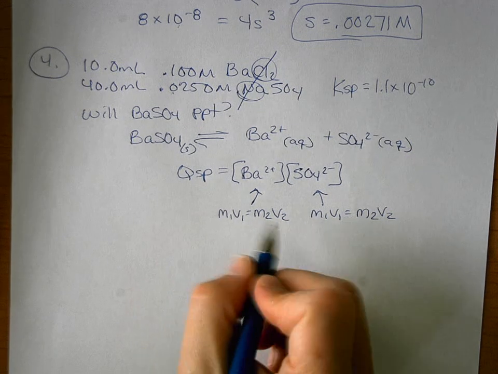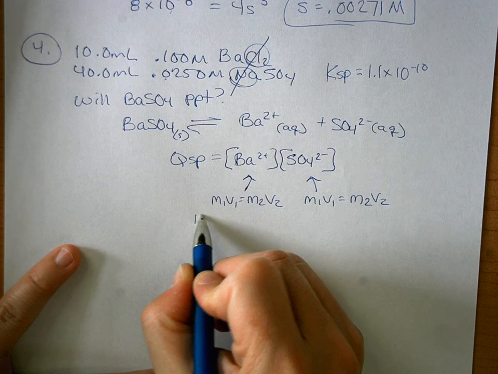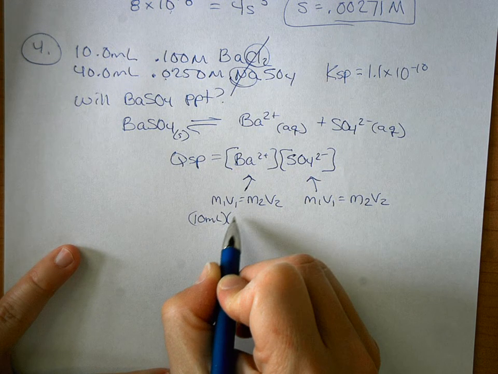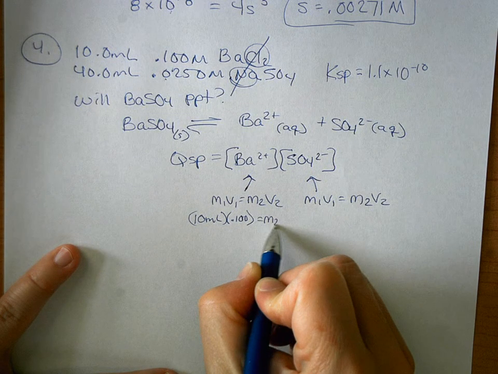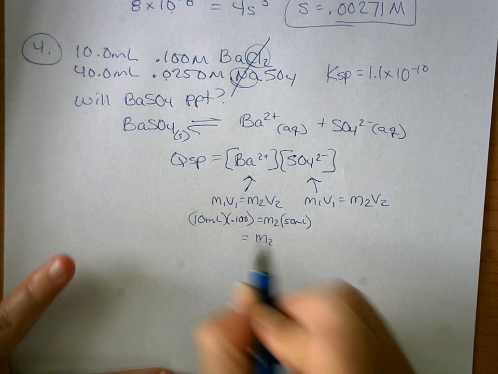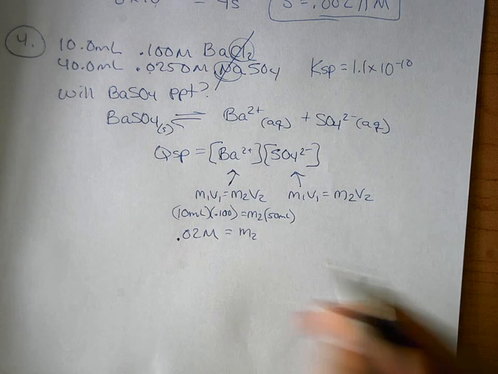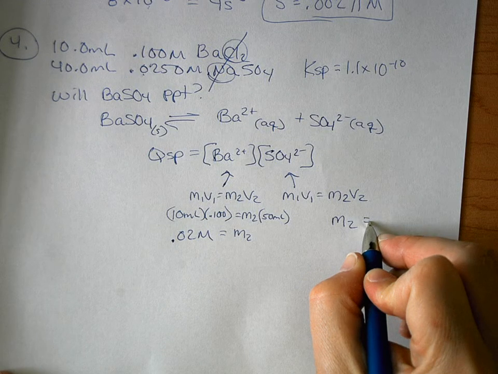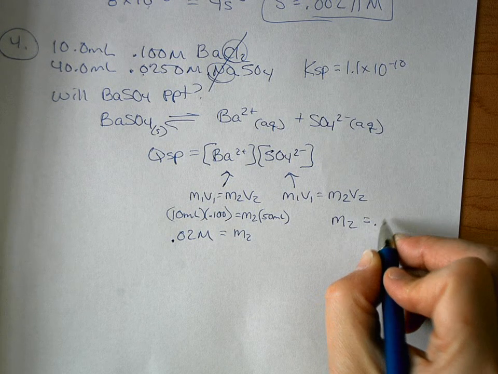So if I plug in those numbers and solve for M2, for barium, 10 milliliters is the volume, times my first molarity, 0.100, equals M2, times my V2, which would be 50 milliliters. Okay, so M2 for barium is 0.02 molar. I would need to do the same thing to find sulfate. I would solve for M2 and it gives me 0.02 molar.